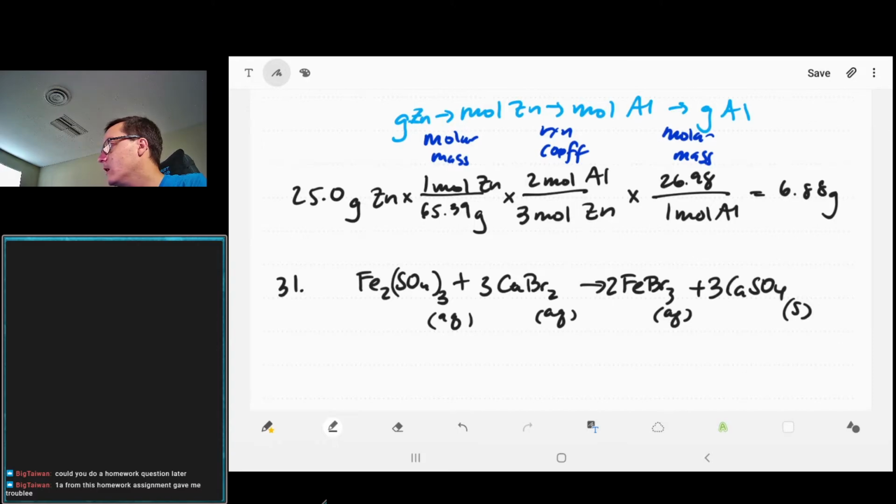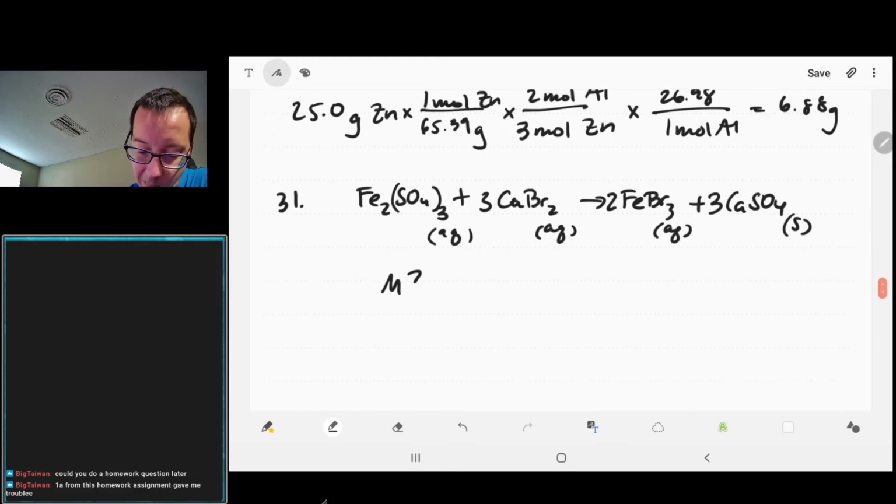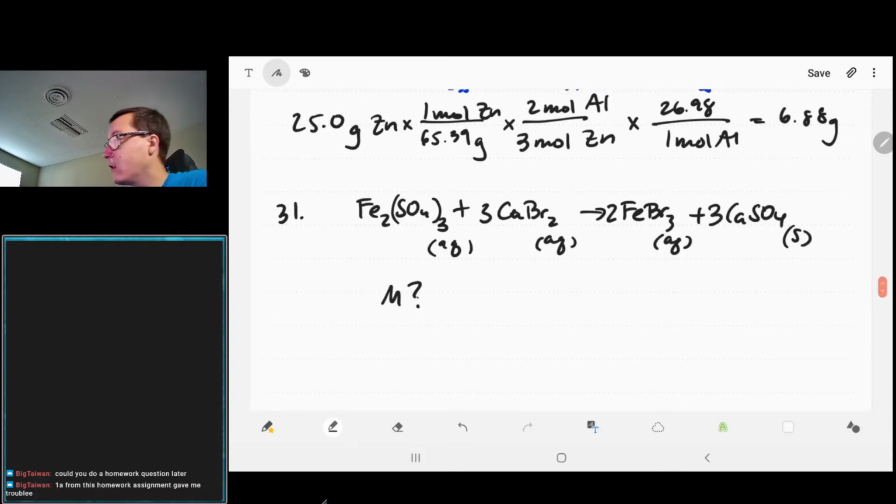Alrighty, so we are asked what concentration in molarity, what's the molarity of our iron 3 sulfate? And we used 28.9 mLs of it. And we produced 940 milligrams of the calcium sulfate here. It says the solid product, so that's going to be our calcium sulfate there.